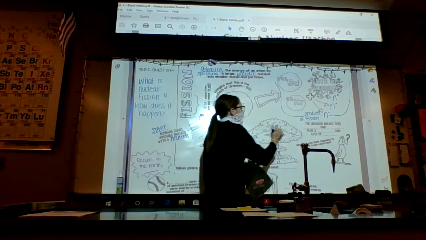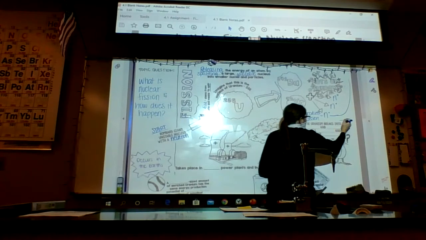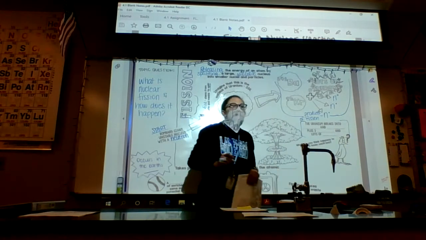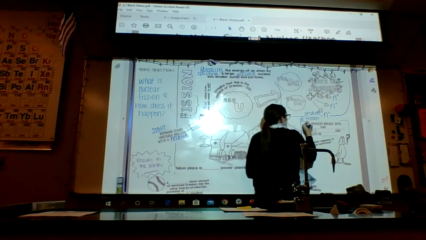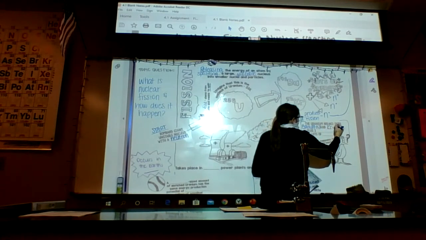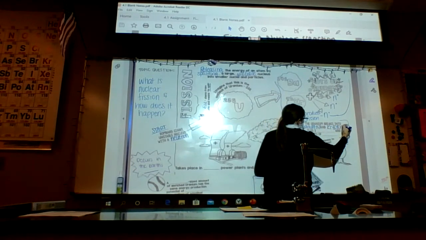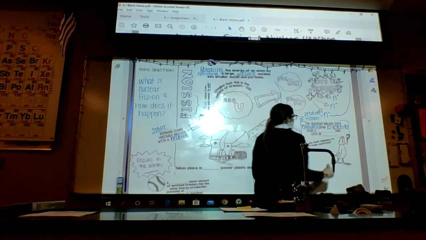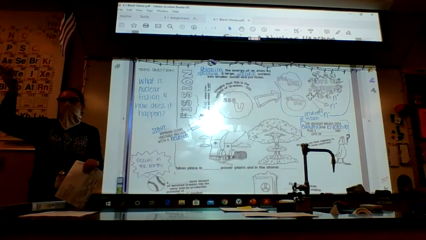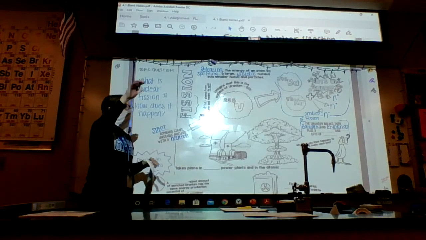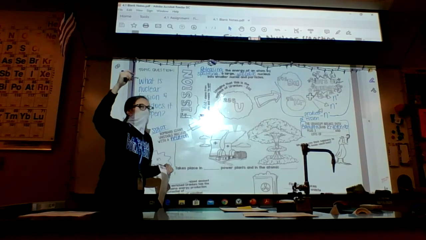Okay, let's summarize in words what happens in fission. This is going to be our little summary paragraph. The uranium breaks into barium 141 and krypton 92. So uranium splits into barium and krypton plus 3 what?